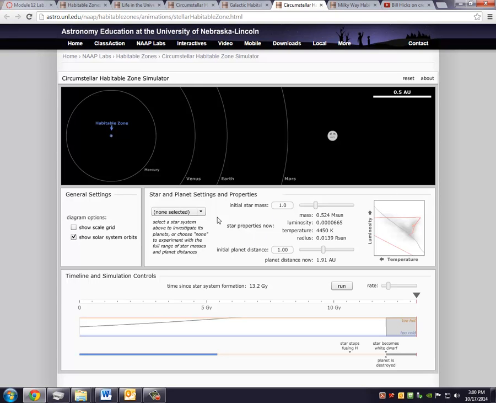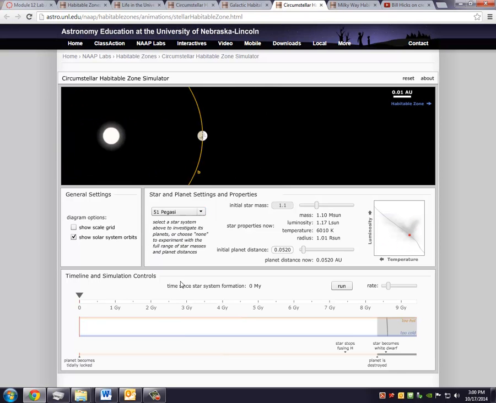On page 3 of the simulation, they want you to open up different systems, 51 Peg, and they want you to zoom out.